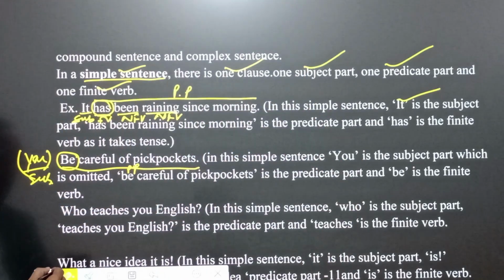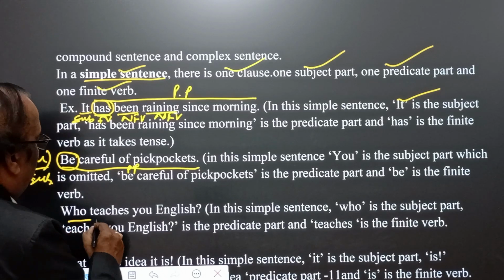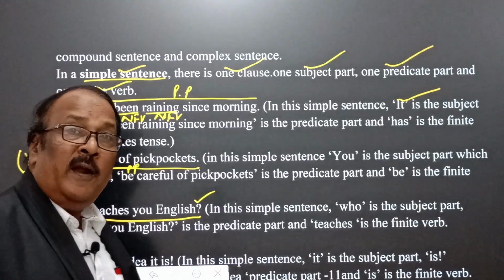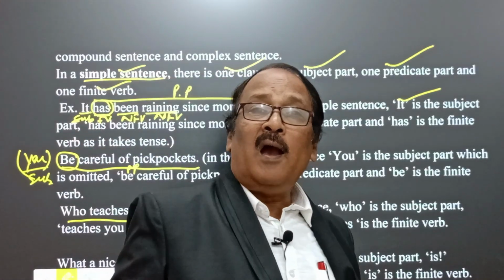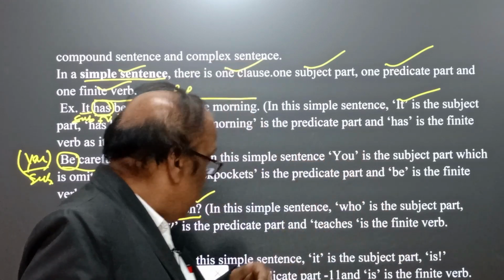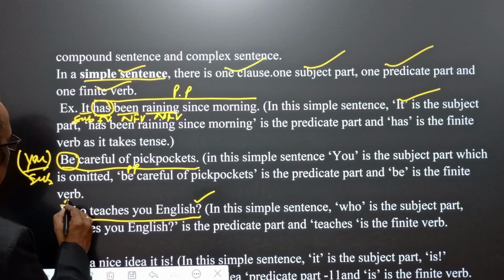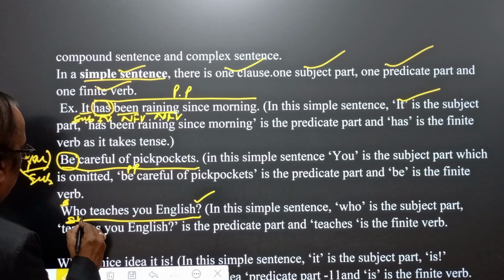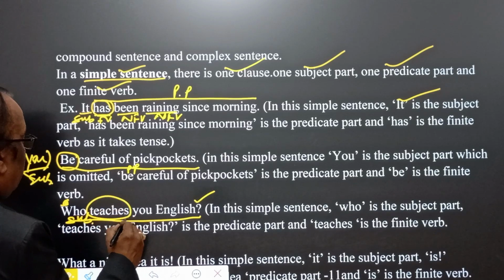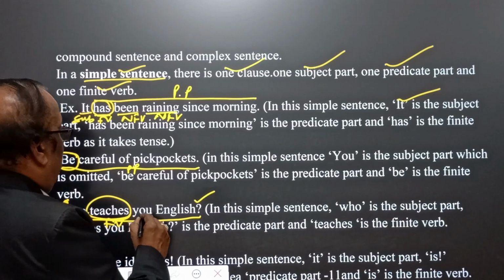Now come to the next. Who teaches you English? This is a question sentence. It is also a simple sentence, and in this simple sentence we find one subject part, that is, who is the subject, and teaches is the finite verb, you English.